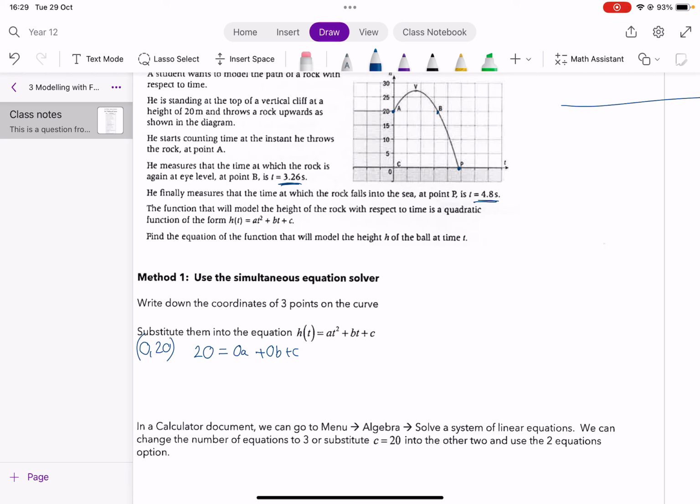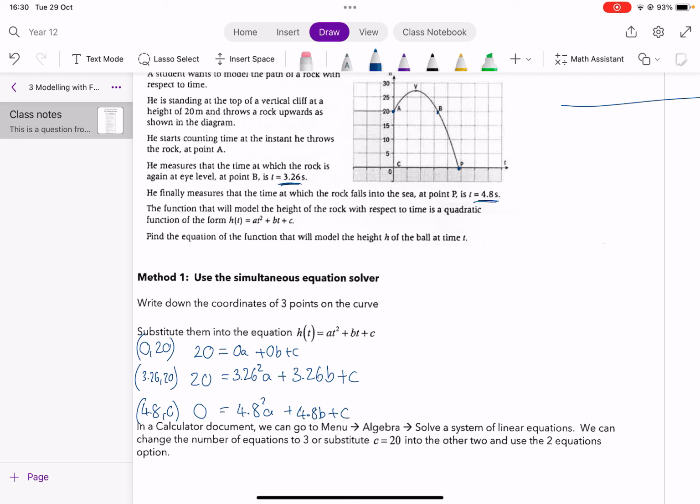All right, we also know that at time 3.26, the height of the rock is once again 20. It's falling down. So if I substitute in the time, I will get a second equation. And then the final point we know is that at time 4.8, it's at sea level, so its height is 0. And once again, I can substitute the time in, and, oops, not 3.2, sorry, I'm just copying the line above. And I'll get a third equation.